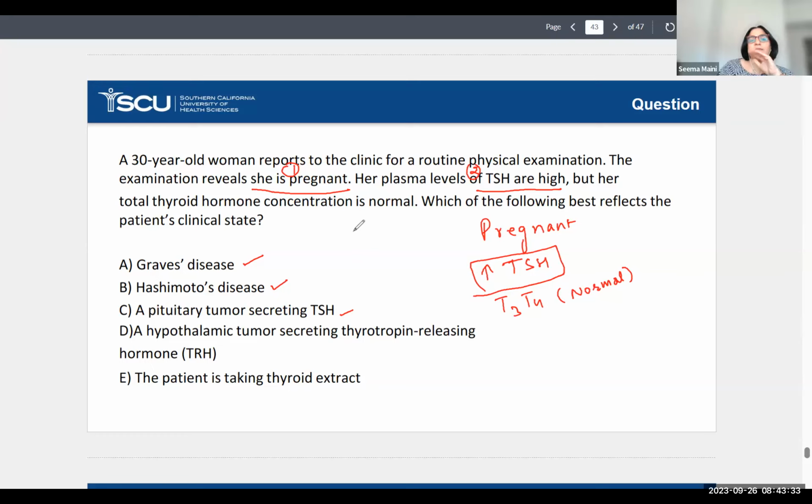Can you think of, if you do not look at the choices, something which might be causing increased TSH levels? E, the patient is taking thyroid extract. F, increased TBG levels. That is another choice I would like to add. Now think about the choices.